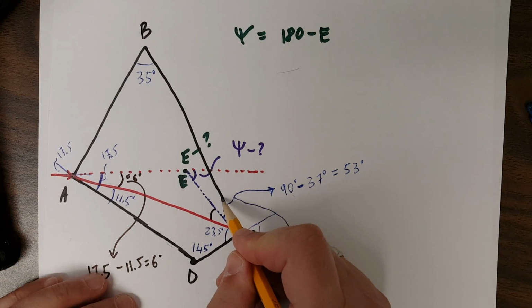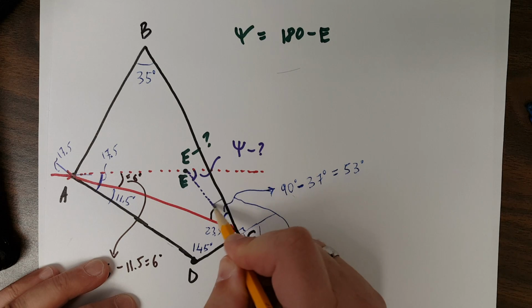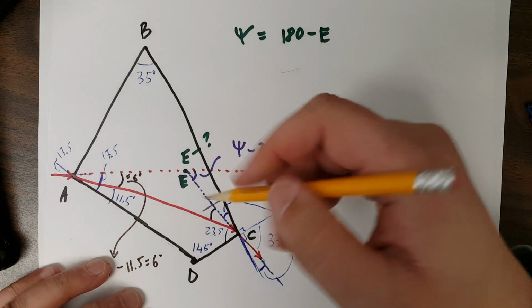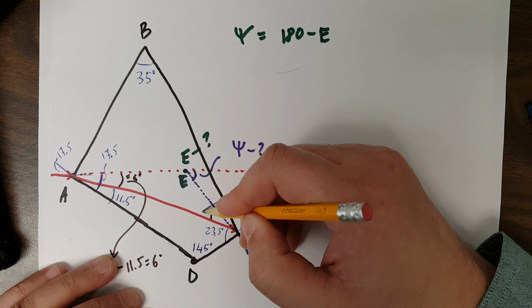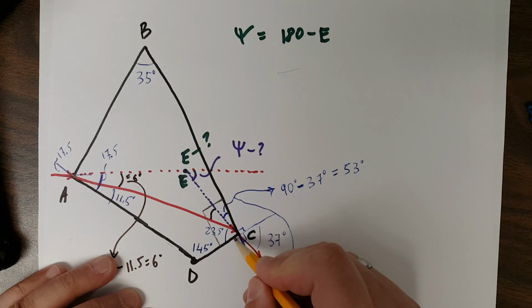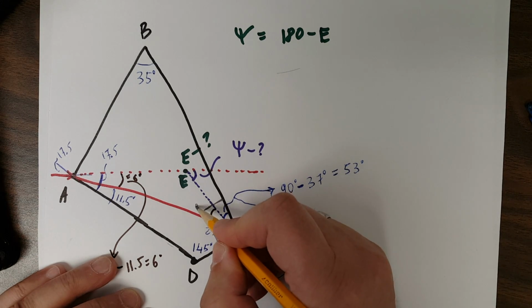From here, from this side of the prism to here, to this normal, this angle equals 90 degrees.